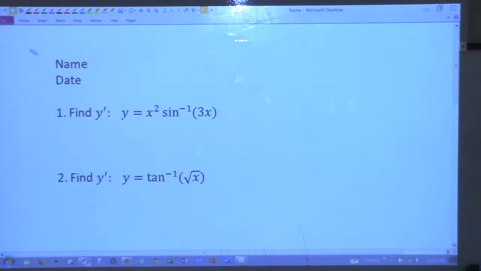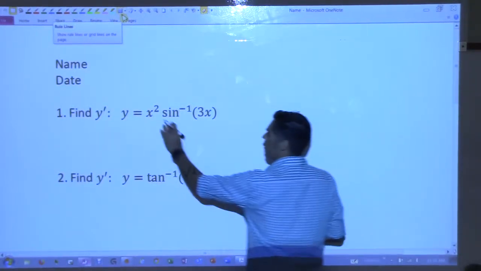All right, so on the first one, you're asked to find y prime, so you have to recognize you have a product rule here, right?